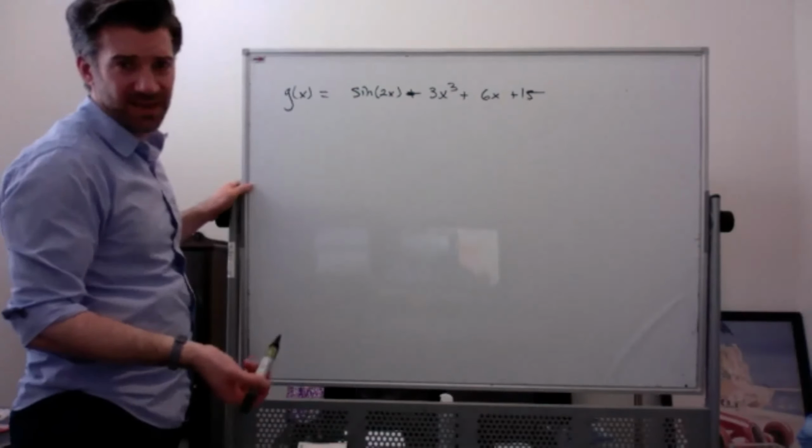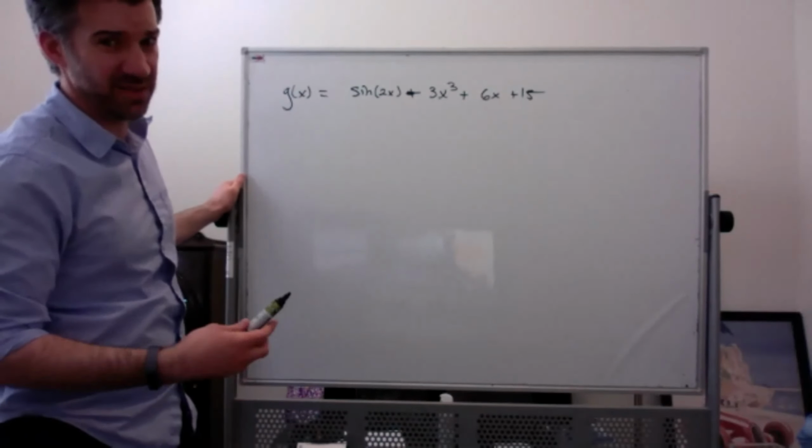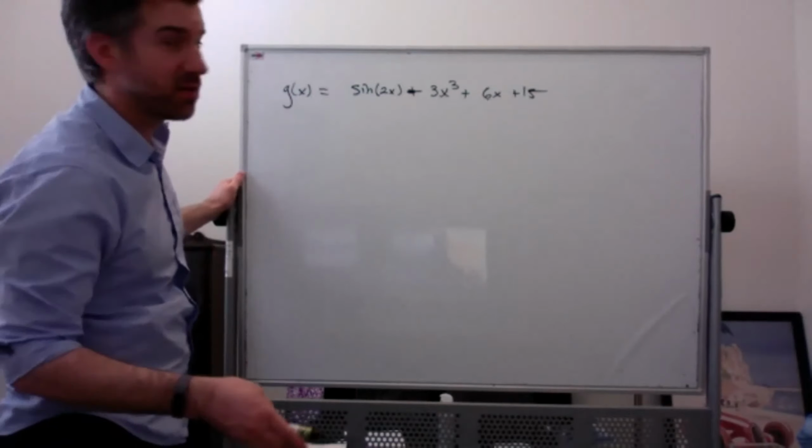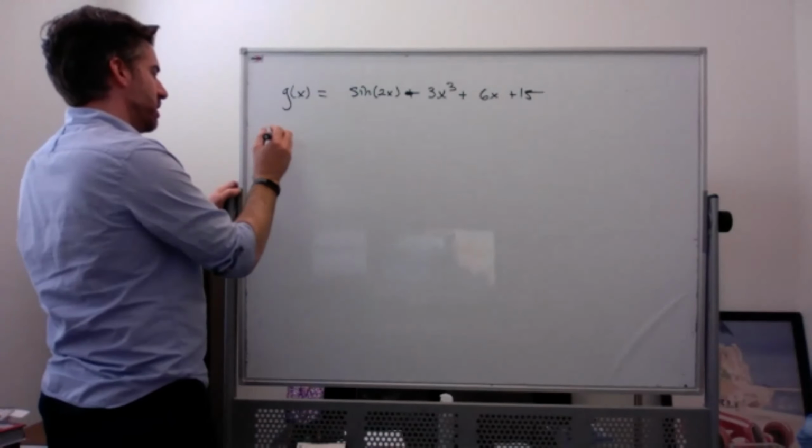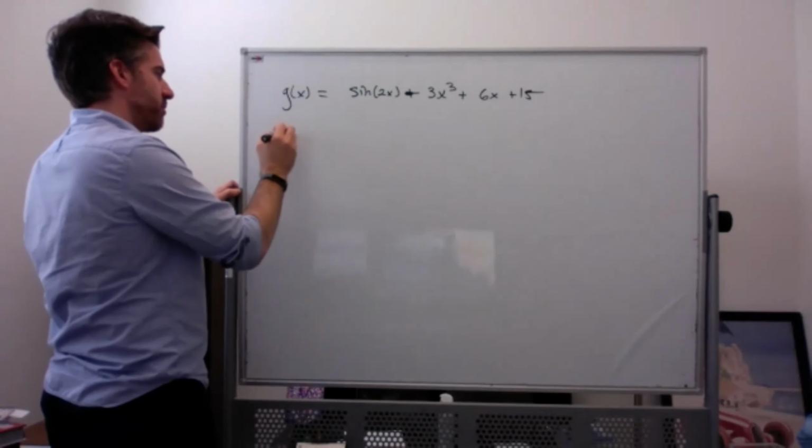And I'm going to pretend like this function is invertible. It probably actually isn't invertible. I'm not going to worry about it. So let's say that g is invertible, even though it's probably not.